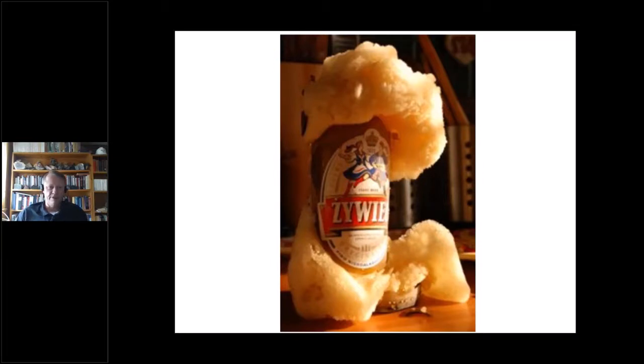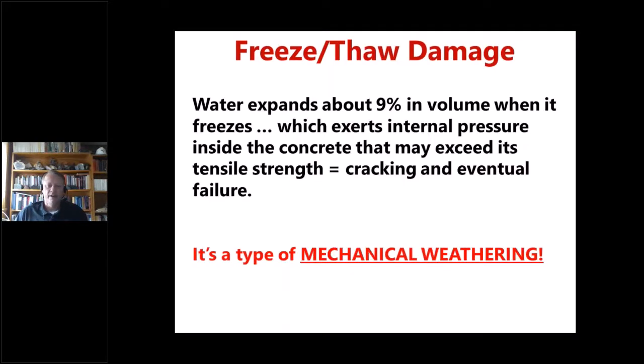The beverage freezes, expands 9% and blows up in the freezer. So we've probably experienced that before firsthand. What happens here is that when the water expands in volume as it freezes, it exerts such a strong internal pressure inside the concrete that the tensile strength of the concrete is compromised and it'll crack and eventually fail.